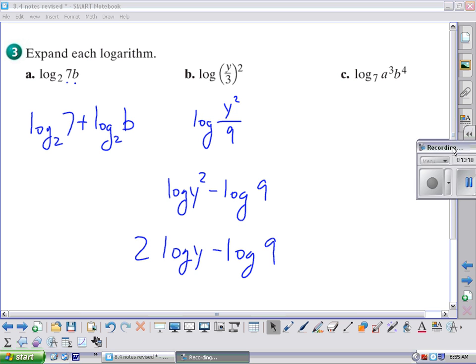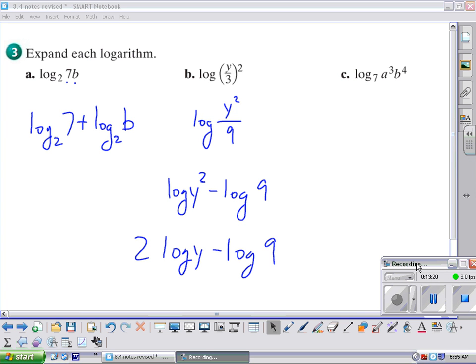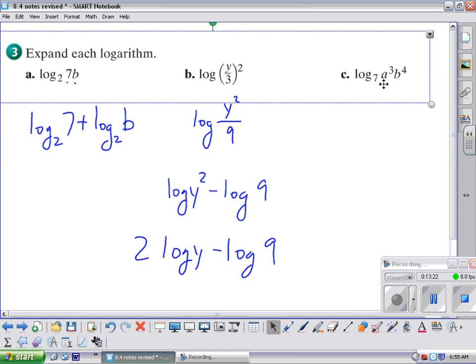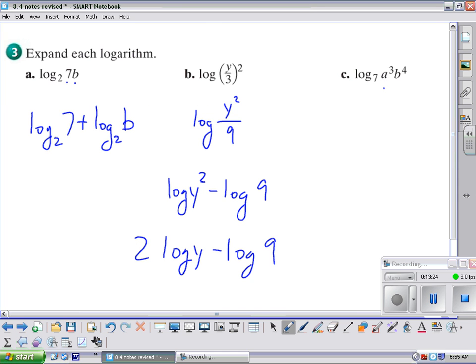All right, one more. We got time for it here. So we got log base 7. We got an a and a b. Okay? So I got two pieces here. So I got log base 7, sorry, too high on the 7 there, and I got log a to the third plus log b to the fourth.